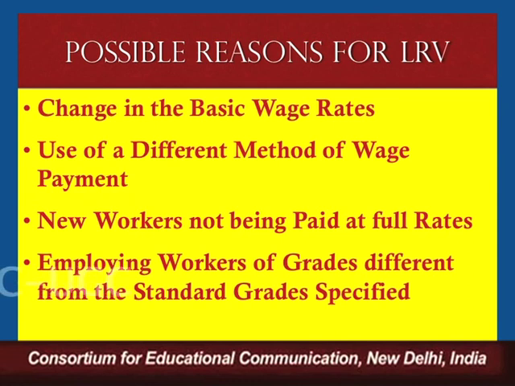But still, to have an understanding of the possible reasons of this labor rate variance, I am discussing some of the reasons here. The first reason for this labor rate variance can be the change in the basic wage rates. There might be a possibility that in your country, in a given setup where we are working, there are different rates for skilled, semi-skilled and unskilled laborers decided by the Ministry of Labor.